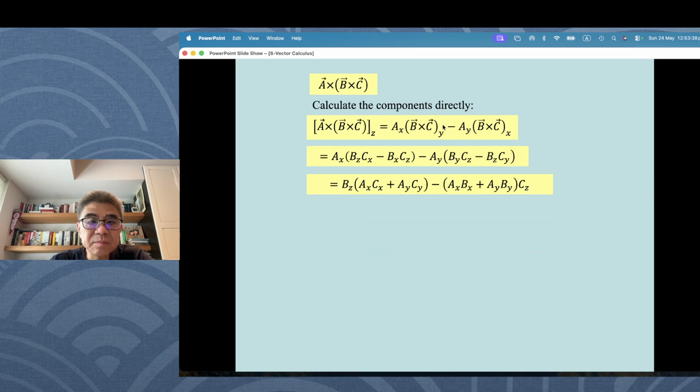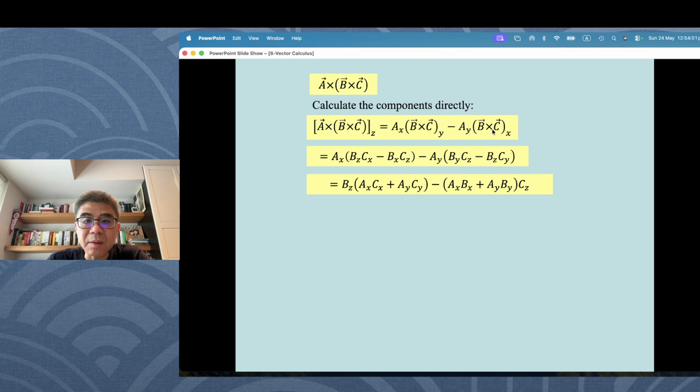Then the second cross product could also be expanded in terms of components. So B cross C, the y component, equals BZ CX minus BX CZ. The second one looks similar.